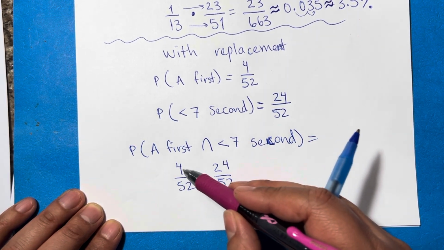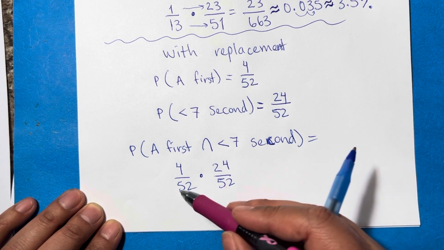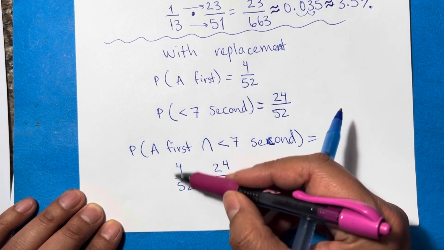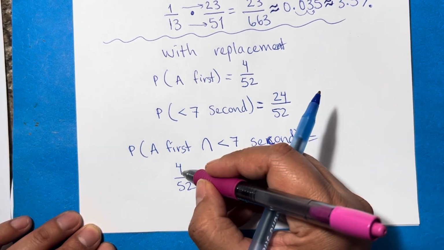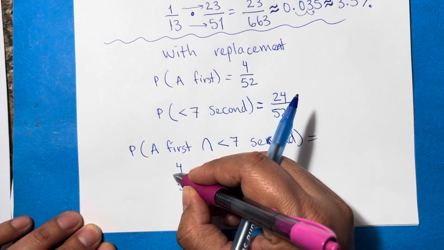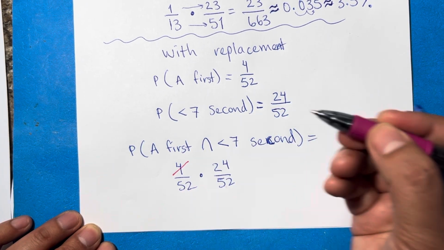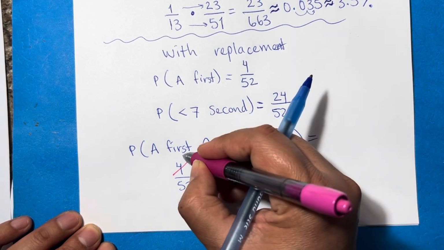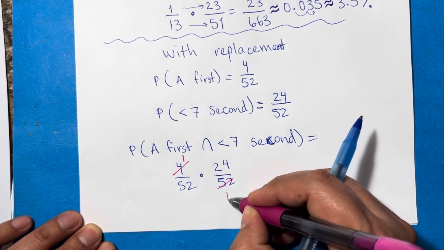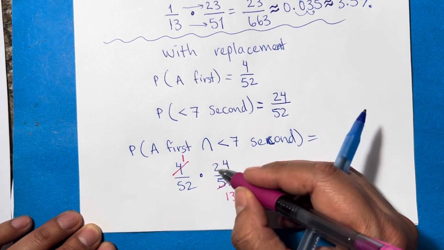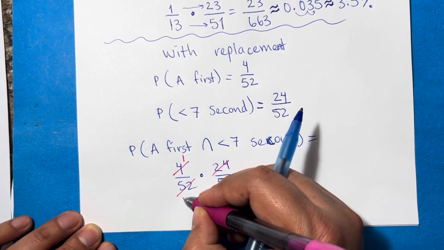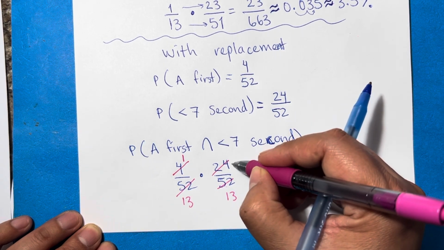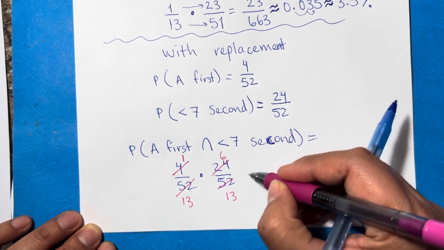You can always simplify across and across, or you can simplify each fraction independently. So let's do it across, because many are used to that. So divided by 4, that's equals to 1. Divided by 4 is equals to 13. In here we can also divide by 4. So this is 13, and this will be 24 divided by 4 is 6.